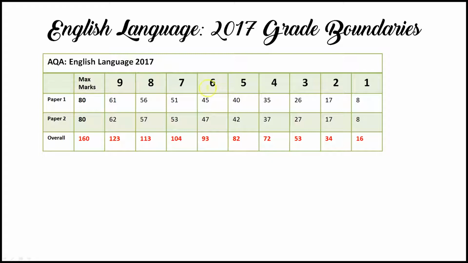When looking at the overall marks or total marks, it seems like in order to get a 5, which is classified as a strong pass, a top C, a high C, you will need to get just over 50% of the overall marks, and you will need precisely 52% of the overall marks in order to get a 5.